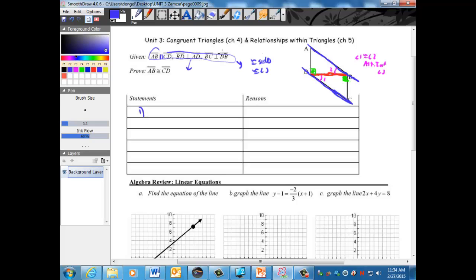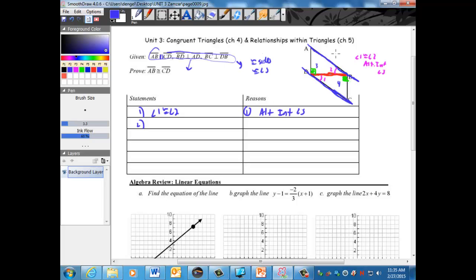But what will do things for us is I can start off and say angle 1 is congruent to angle 2. And why is that? Well, those are alternate interior angles. Then we know that, let's put angle 3 and angle 4. Now, the reason why I'm not going to say angle D and angle B is there's two angles.